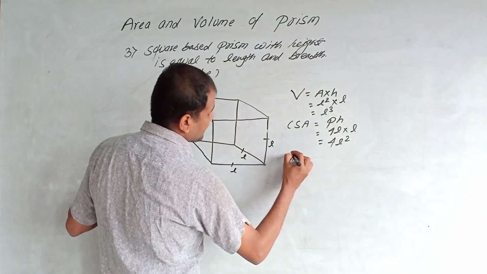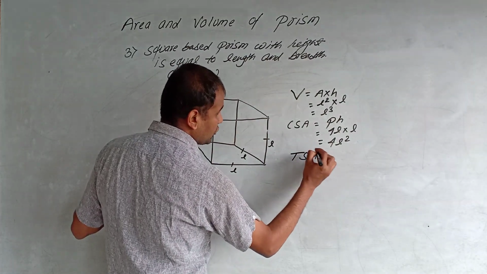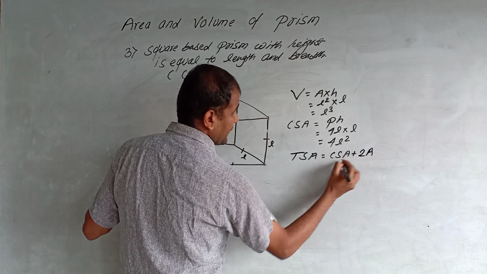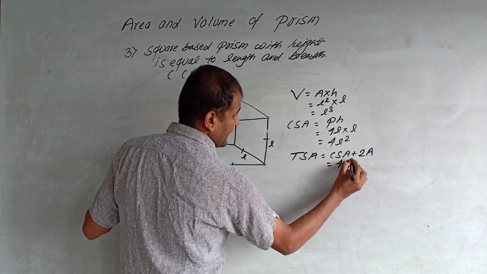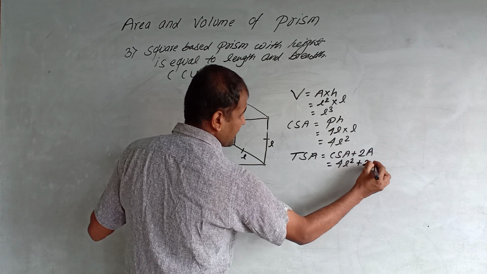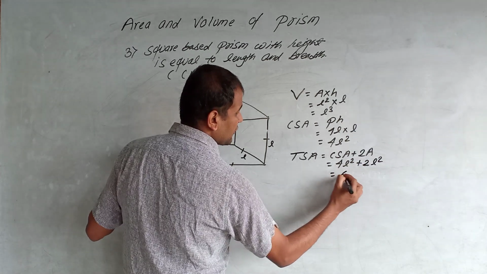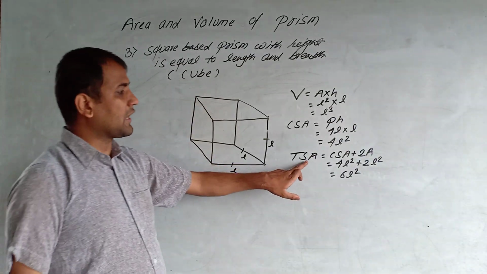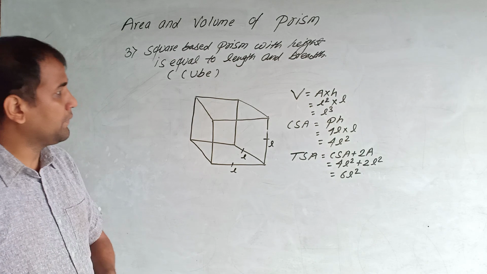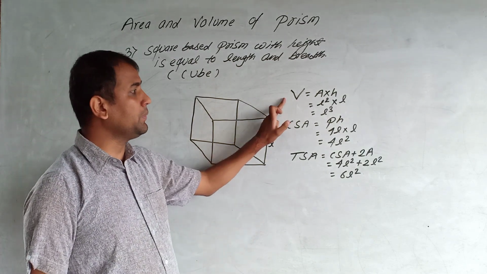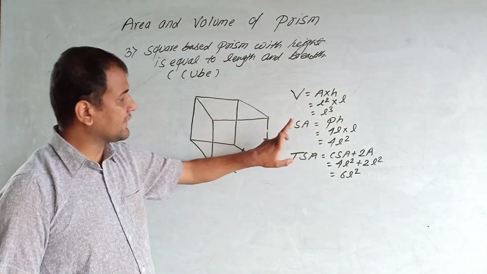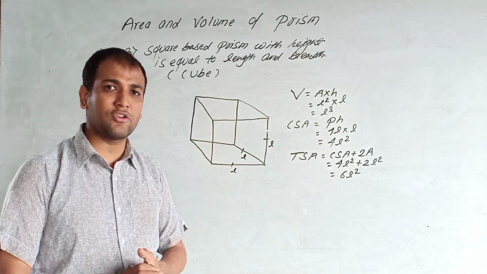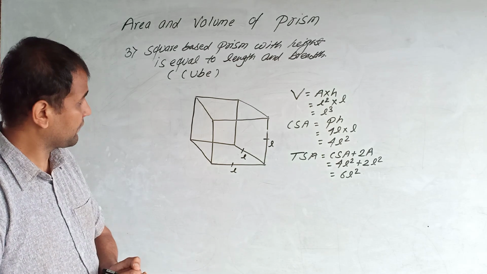Similarly, total surface area TSA is equal to CSA plus 2 times of base area. 4L square plus 2 times L square, 6L square, is the total surface area of cube. So remember that volume of cube V is equal to L cube, CSA is equal to 4L square and TSA is equal to 6L square.